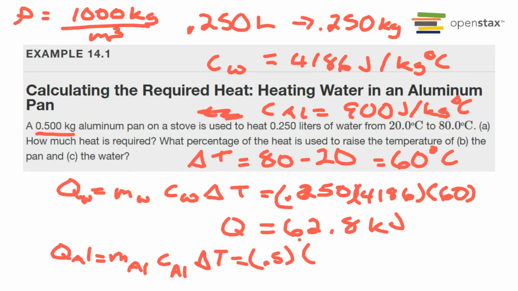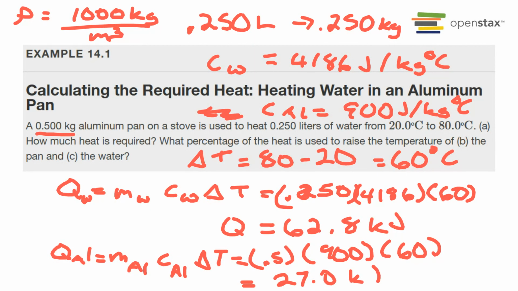That would be 900 times the change in temperature, which is 60 degrees. And when you finish that, it's about 27.0 kilojoules. So that's the heat energy required to raise the temperature of the pan.